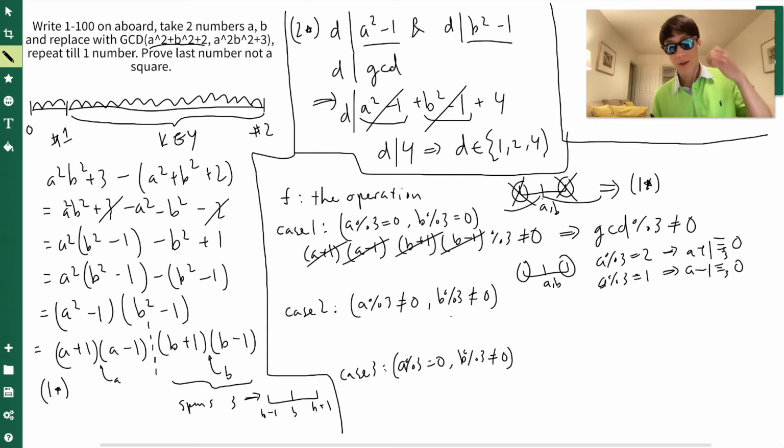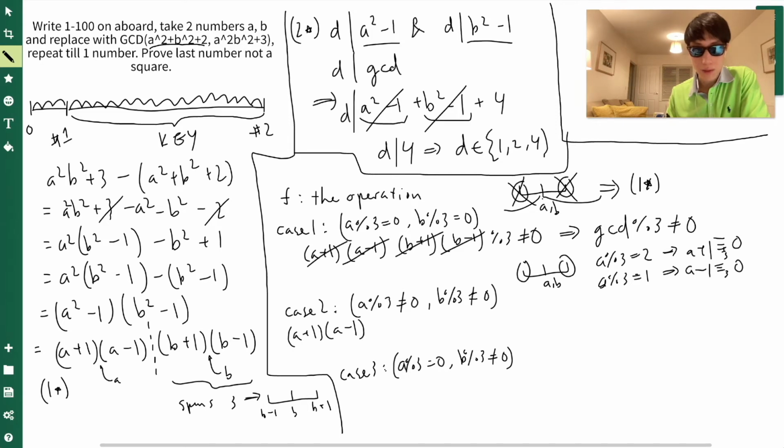Okay, so we've basically established that if both of these are not multiples of 3, at least one of them, either a plus 1 or a minus 1, will be a multiple of 3, and the same for b plus 1 and b minus 1. At least one of them will be a multiple of 3.